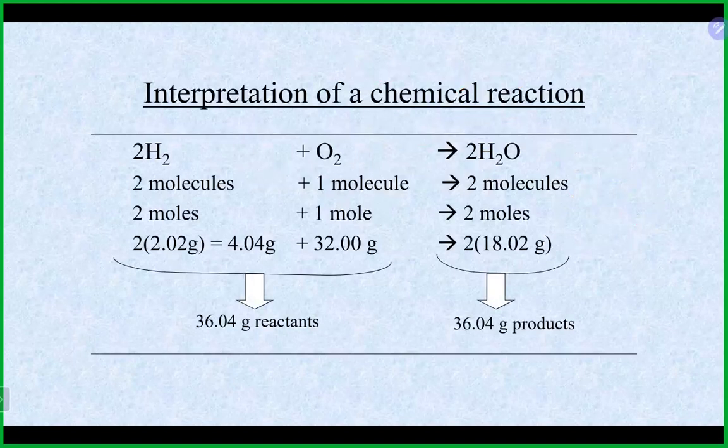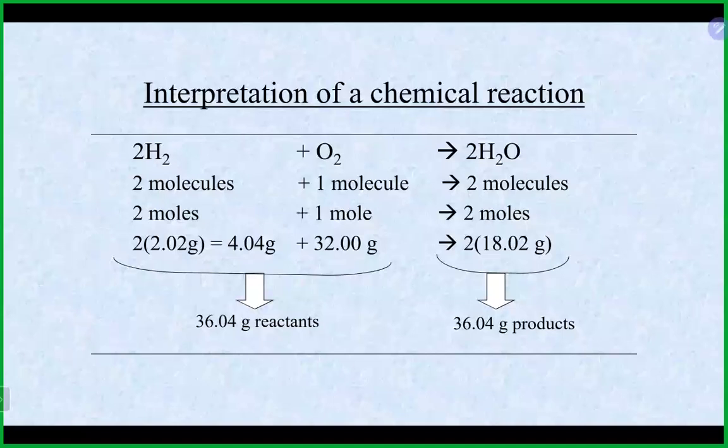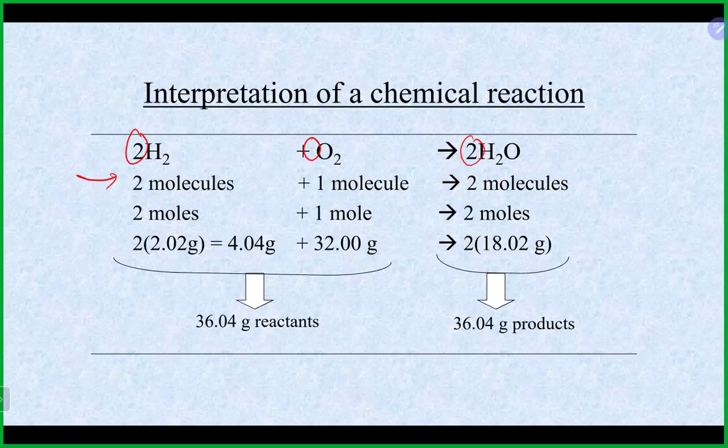When we look at a balanced equation, there are a couple of ways that we can interpret it. One way is to look at the coefficients, and in this particular case, we could say there are two molecules of H2 that react with one molecule of O2 to form two molecules of H2O.